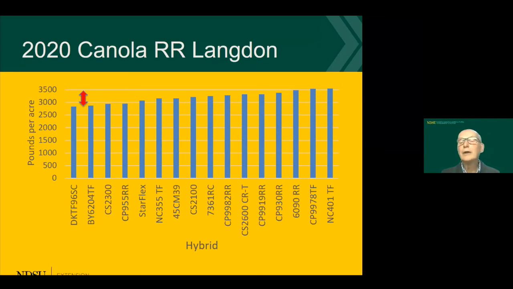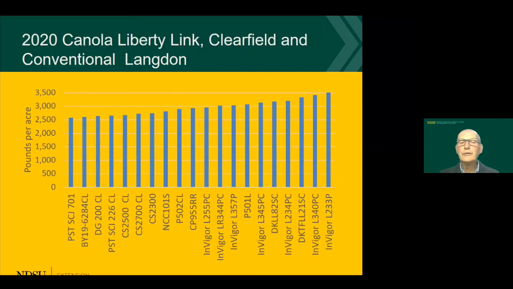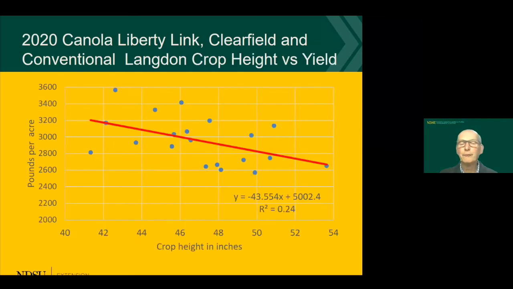So when we are looking at yield selection, yield is a component, but we do need to consider also the varieties with resistance to the various diseases. This one is the Liberty Link Clearfield. It's the same setup, all the varieties in Langdon. And you can see there is quite a big difference between the highest on the right and the lower group on the left.